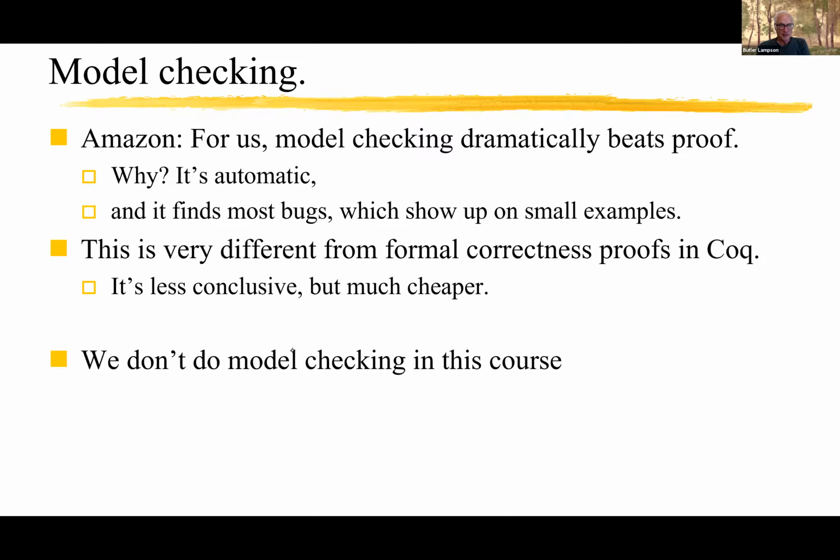The Amazon guys say, for us, model checking dramatically beats proof. And there's basically two reasons for that. One is that it's automatic. You just push the button and use up a lot of cycles on AWS. And the other is that experience tells them that it actually finds most of the bugs that they think are going to be hard to find by the other techniques that they already have deployed.